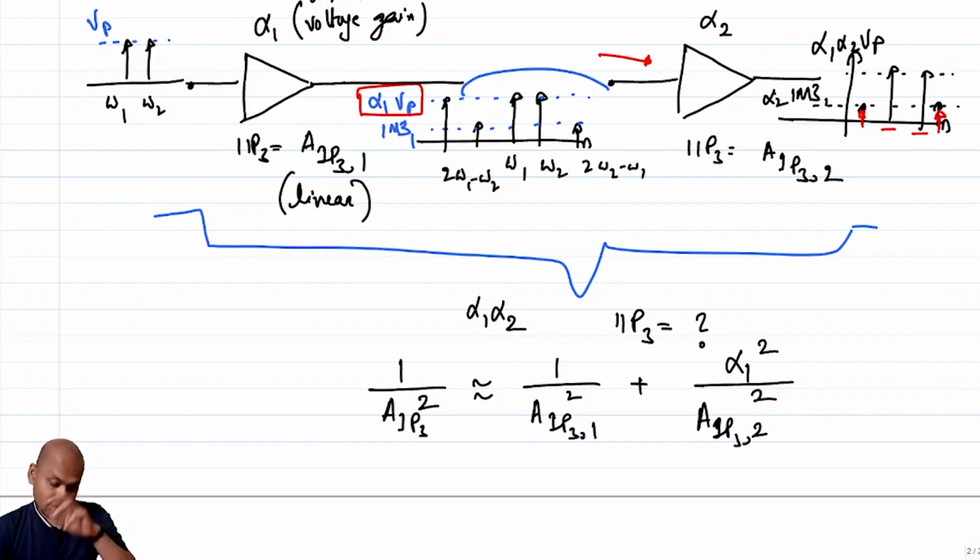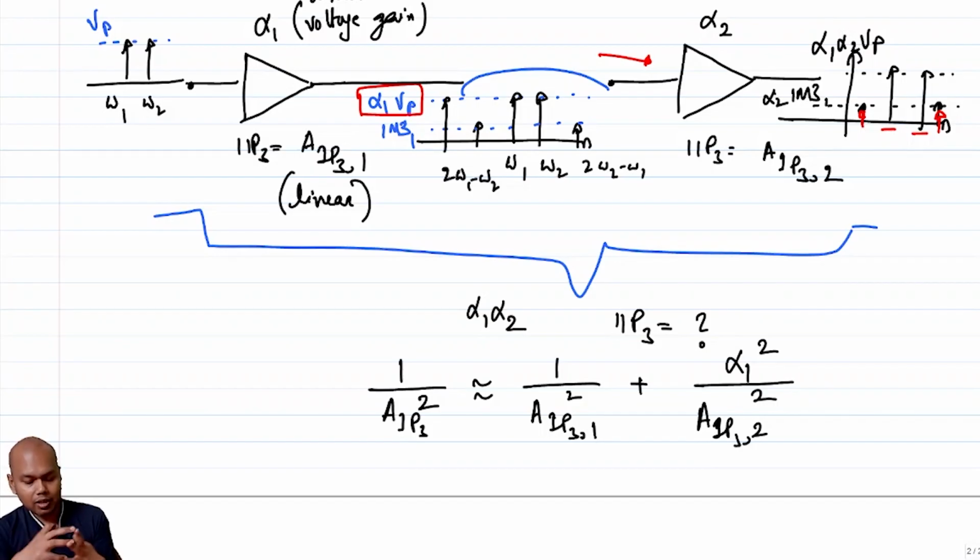Now let's do the other way around. Let's assume that the IIP3 of the first block is infinite. That is ideal. If the IIP3 of the first block is ideal, what is this telling us? This is telling us the IIP3 of the overall system is basically AIP3,2 divided by α1.